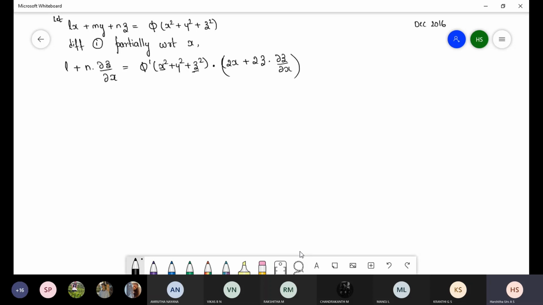Don't get confused. See the differentiation properly. So L plus N into P is equal to phi dash of x square plus y square plus z square into 2x plus 2z into P. Call this one as equation 1.